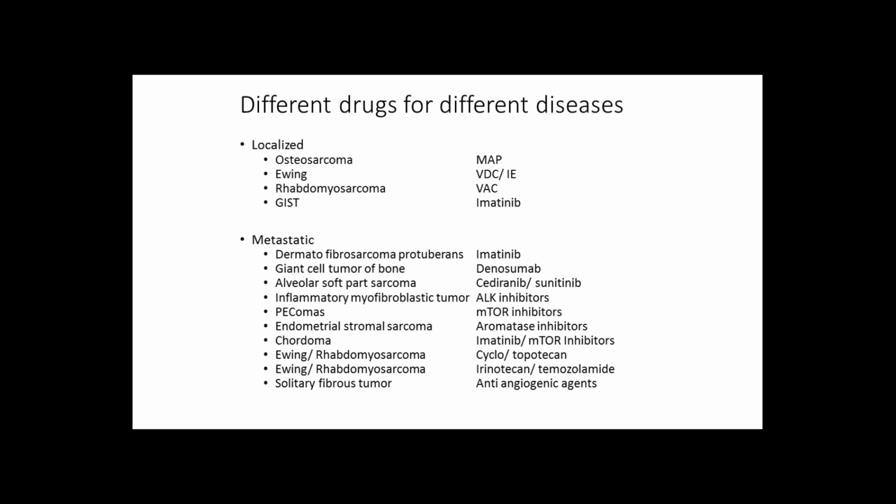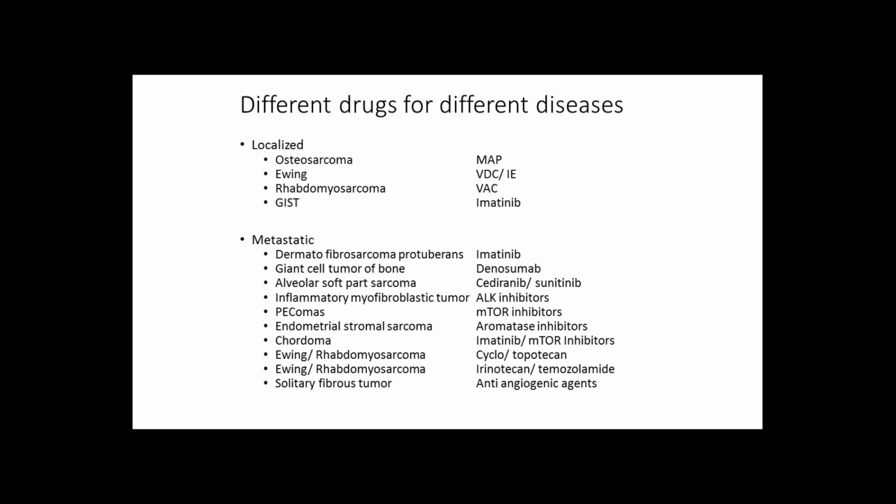But there is a lot of evidence to suggest that it's better to think of these different sarcoma subtypes as different diseases. And the introduction of multi-agent chemotherapy for certain types of sarcoma in the localized disease setting, including osteosarcoma, Ewing sarcoma, and rhabdomyosarcoma, has really been among the great success stories of oncology.